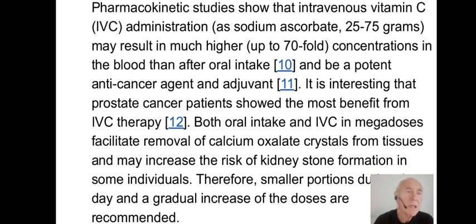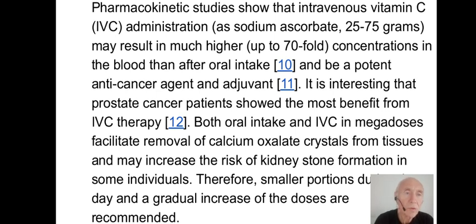Both oral intake and intravenous administration of vitamin C in megadoses facilitate removal of calcium oxalate crystals from tissues and may increase the risk of kidney stone formation in some individuals. So if you are thinking about oral intake of large doses of vitamin C as sodium ascorbate or ascorbic acid, then please mind that you have to increase these doses over time, not just take large doses.